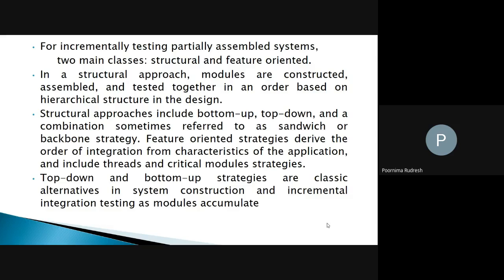Hierarchical structure means tree structures, one by one. So first we will construct the modules. Next we will assemble the modules. Then once the modules are assembled, or integrated, we are testing those modules.